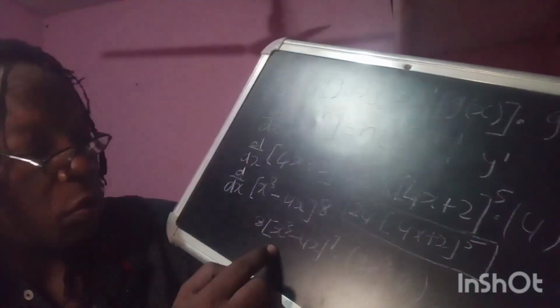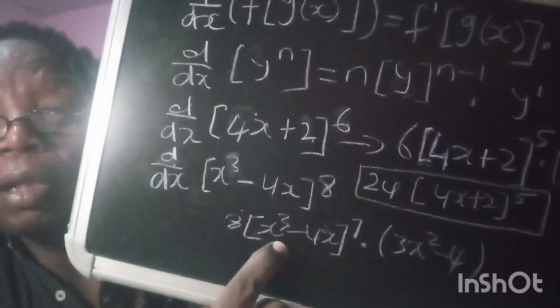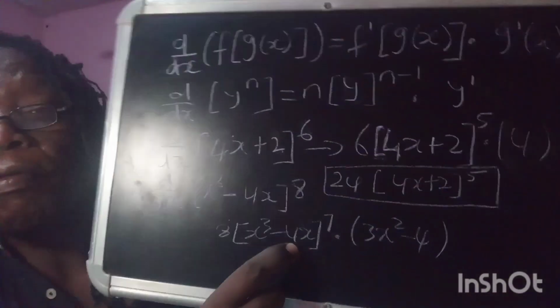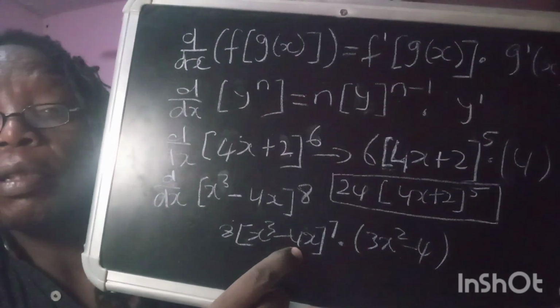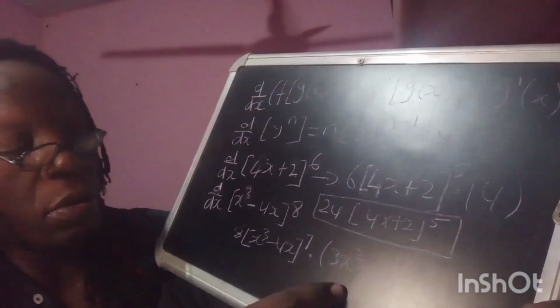Okay, so we are going to have 8 and x cubed minus 4x, because from up there this remained the same, times this one.